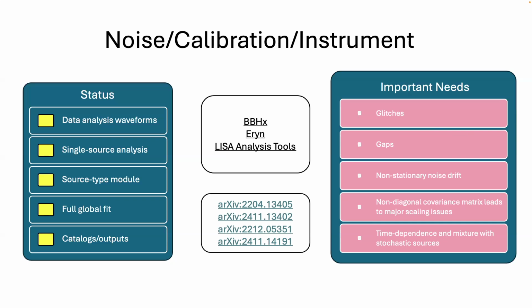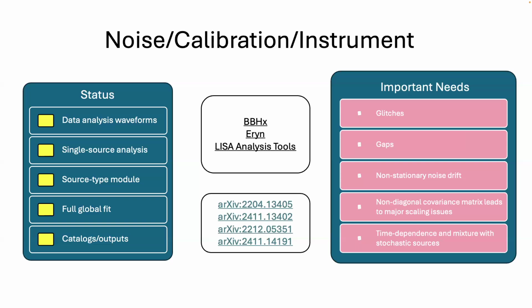And because there are a very large number of unknowns for noise analysis, how we'll do it, how to parameterize things, I've categorized every single part of this as yellow. I think that's the right way to look at it, because in certain parts we can do things in the global fit already, but there are lots of more advanced noise analyses that are still in the modeling form or the single source analysis form.